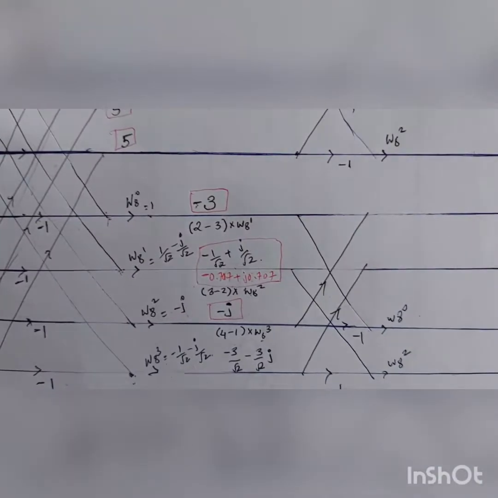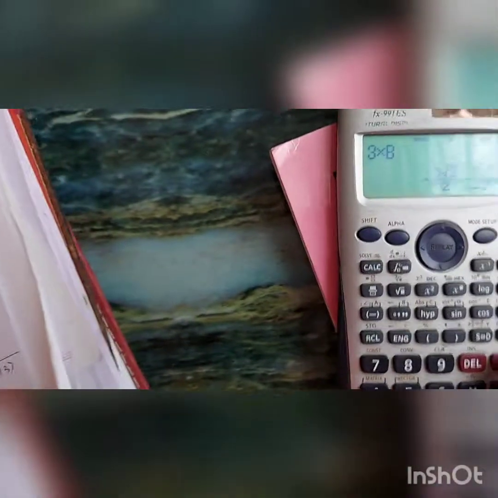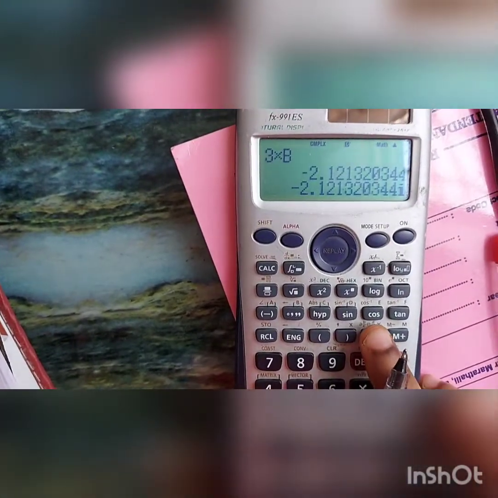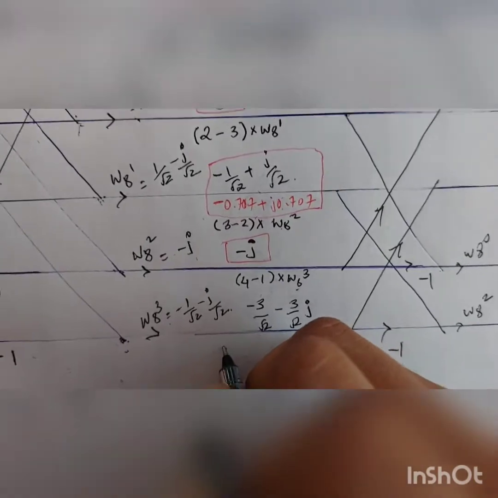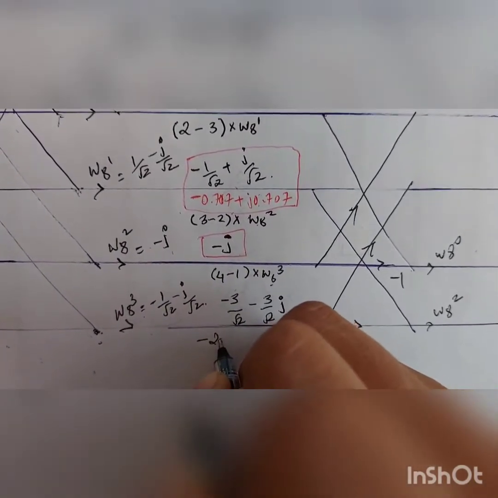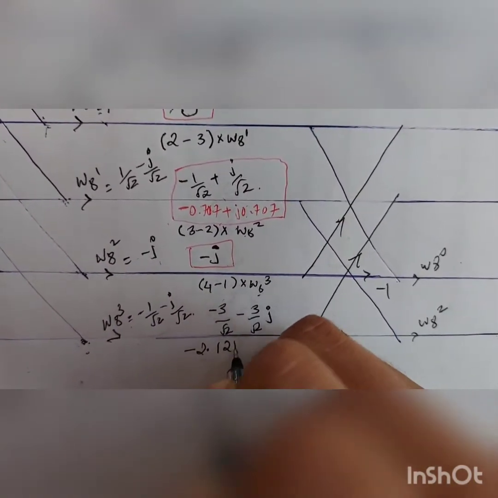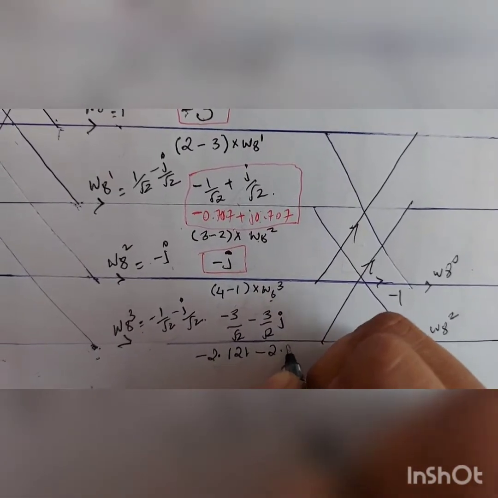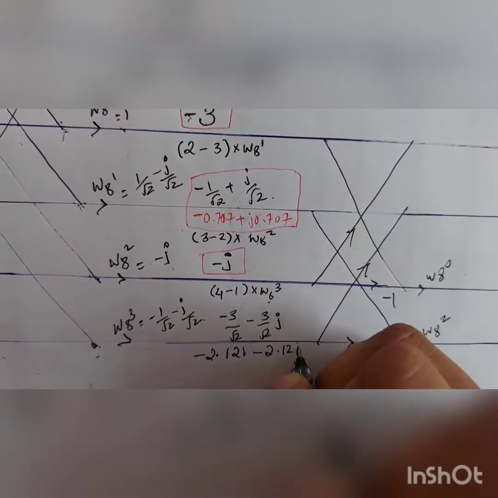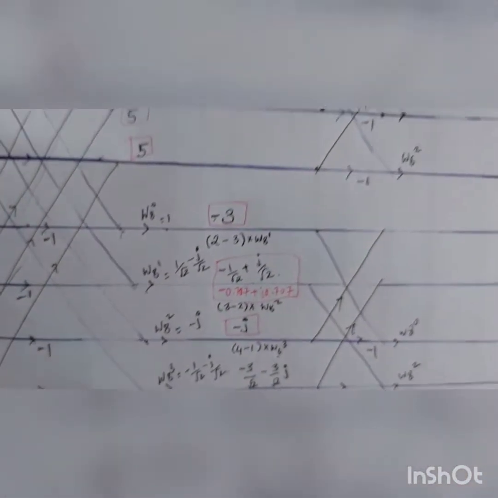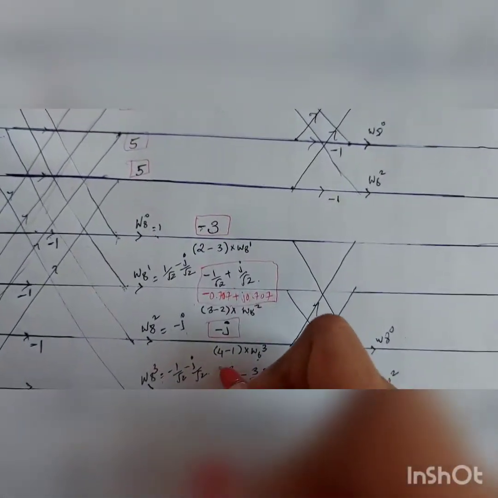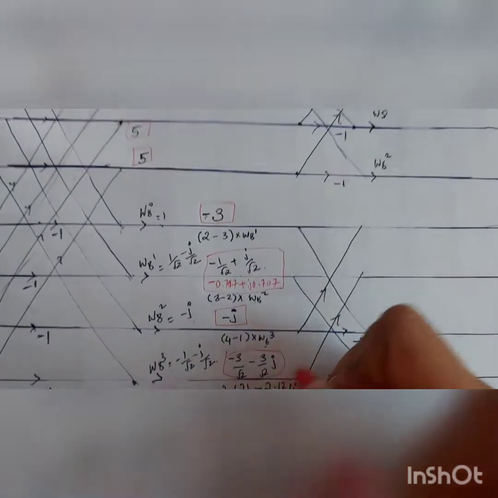You can even press the SD button, the ABCD form, and you can also write down this one here. This is minus 2.121 minus 2.121 j. So these are the values you're going to send to the next stage.